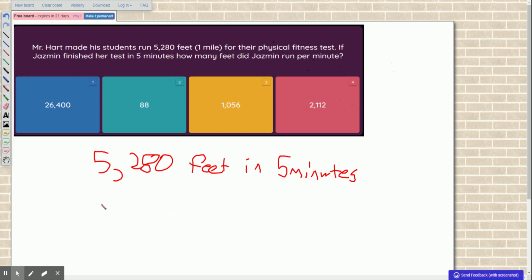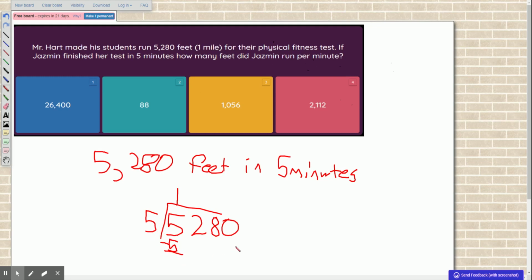So to figure that out, again, we're going to do everything that you guys hate doing. We're going to divide 5,280 divided by 5. And that's going to tell us how many feet she ran per 1 minute. So 5 divided by 5 is 1. 5 times 1 is 5.